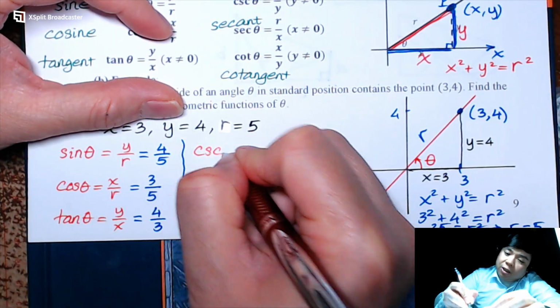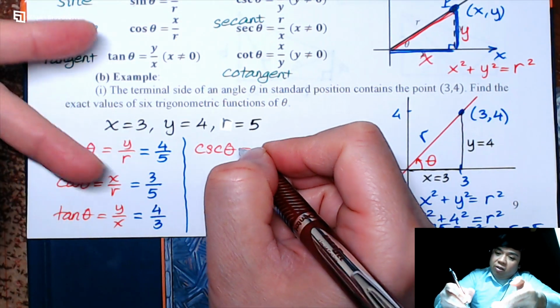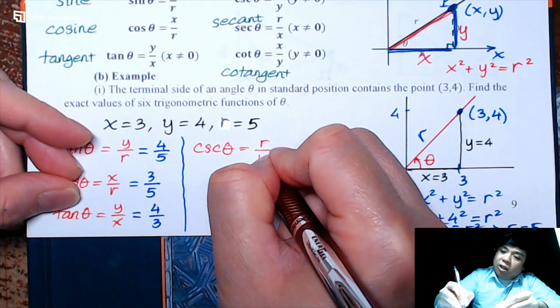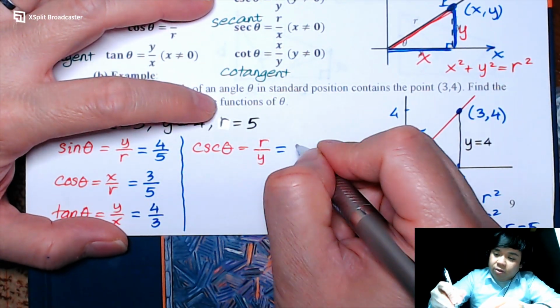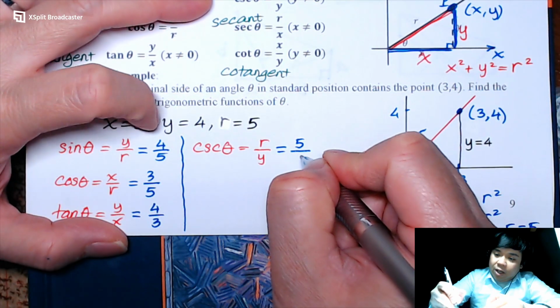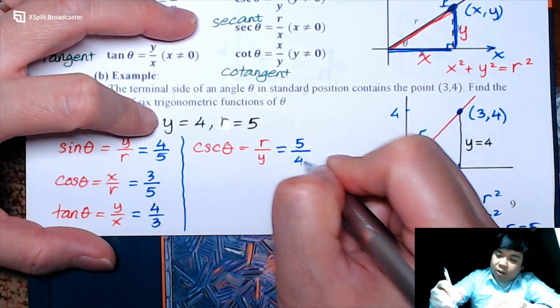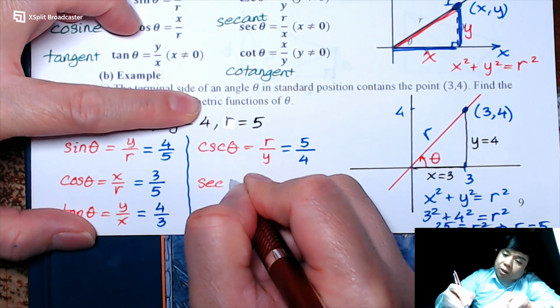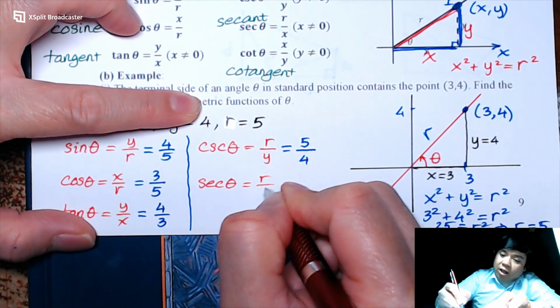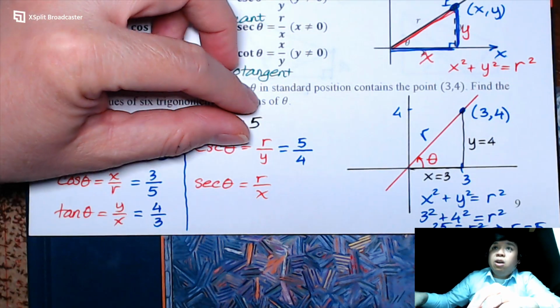Cosecant. I'm going to flip this: r over y. R is 5 and y is 4. Secant is r over x, so just going to flip this, 5/3.